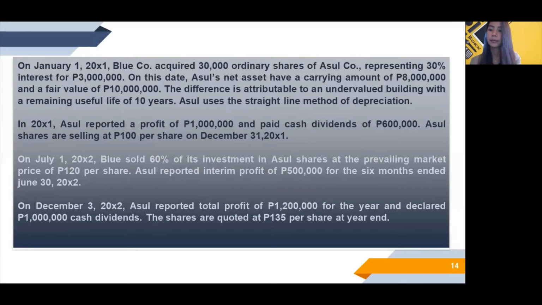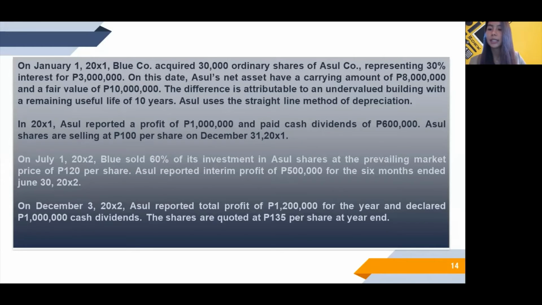So, here is another sample problem para maintindihan natin yung loss of significant influence. On January 1, 20X1, Blue Corporation acquired 30,000 ordinary shares of Azul Corporation, representing 30% interest for 3 million. On this date, Azul's net assets have a carrying amount of 8 million pesos and a fair value of 10 million pesos.